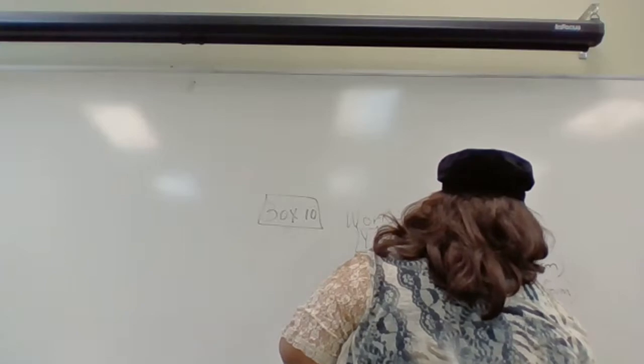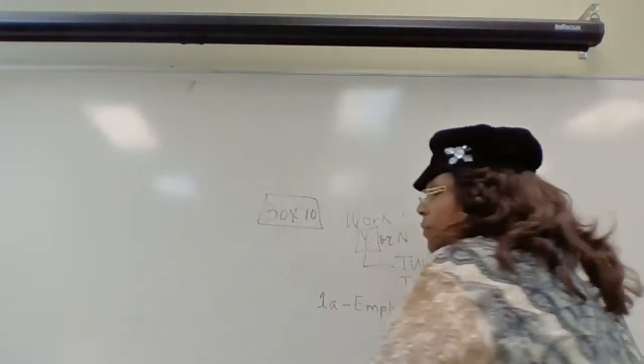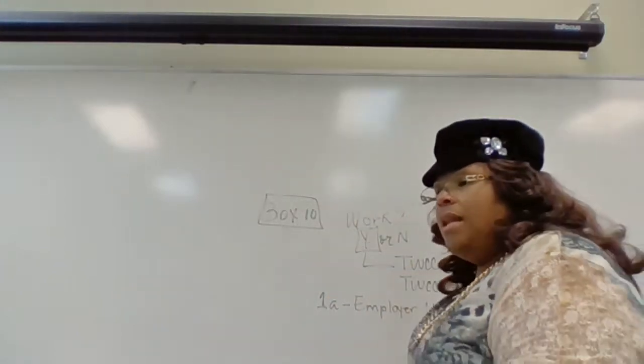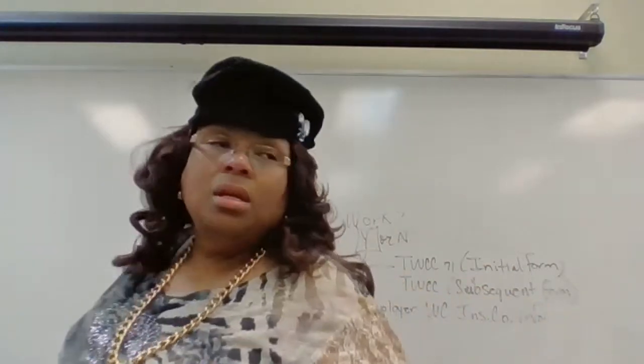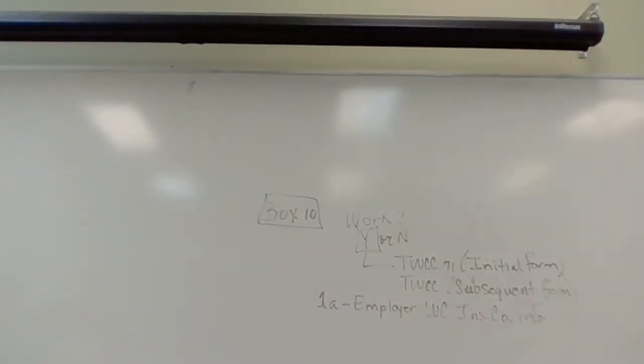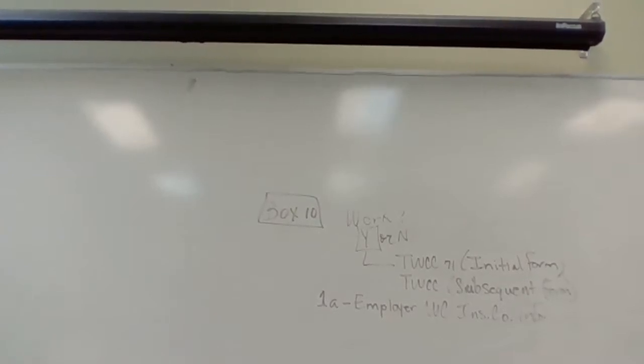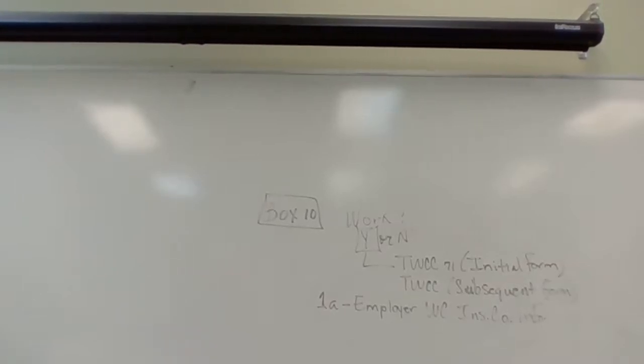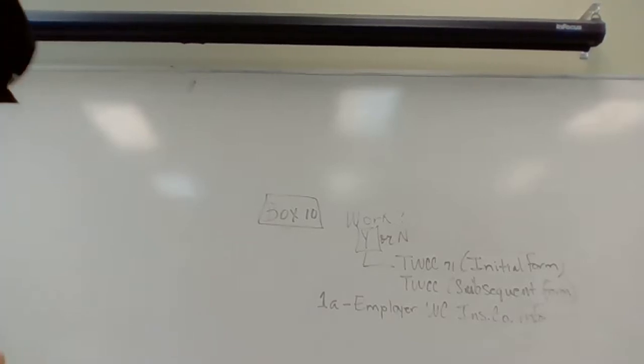Does everybody understand that? Okay. Now, it depends if the patient works for a company that doesn't have a workers' comp policy, workers' comp insurance, they can still see the physician or be hospitalized under their personal insurance.